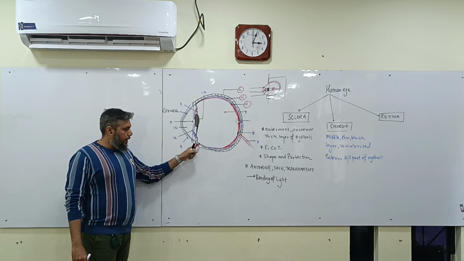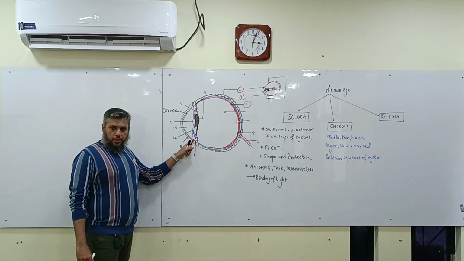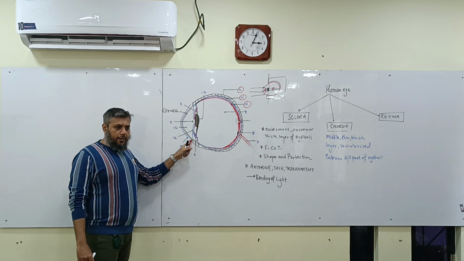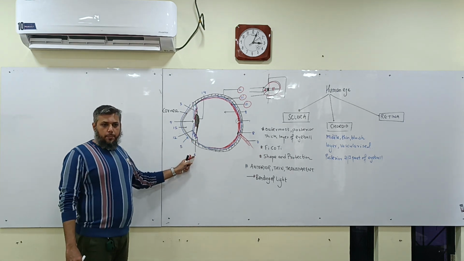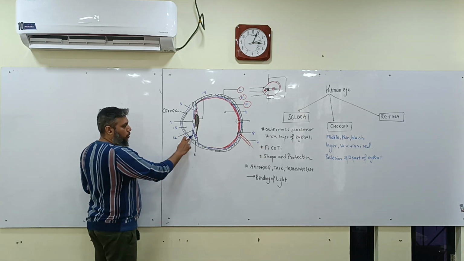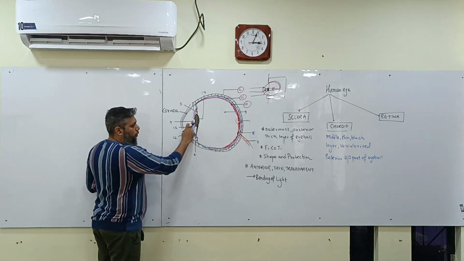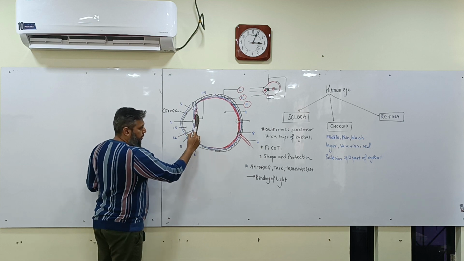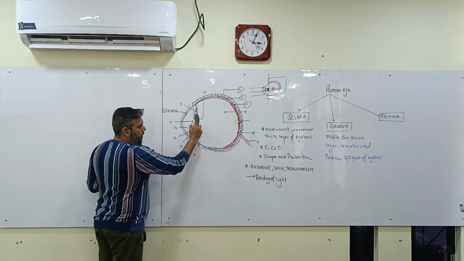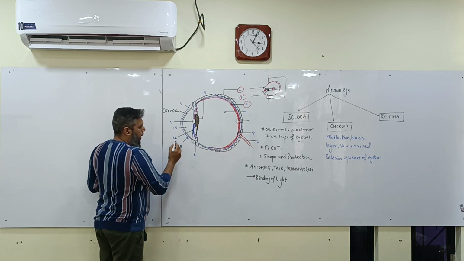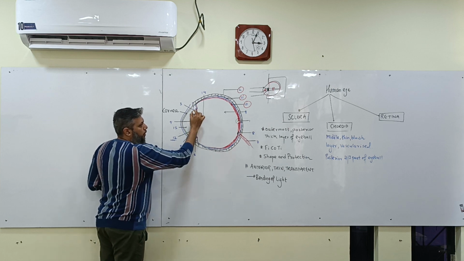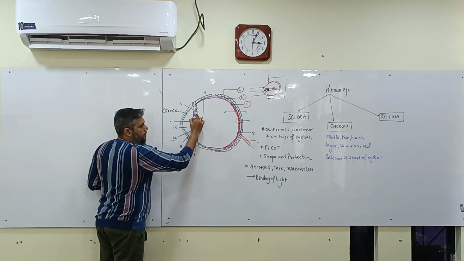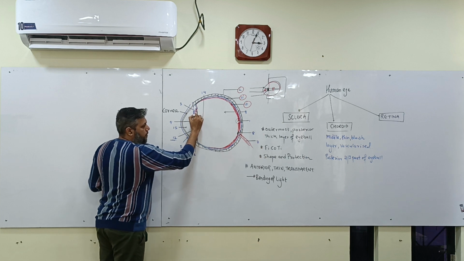The choroid anteriorly becomes thick, and as it becomes thick anteriorly, it is called the ciliary body. And then the ciliary body continues forward. Look here, everybody. The ciliary body is continuing forward, and that results in the formation of the iris.